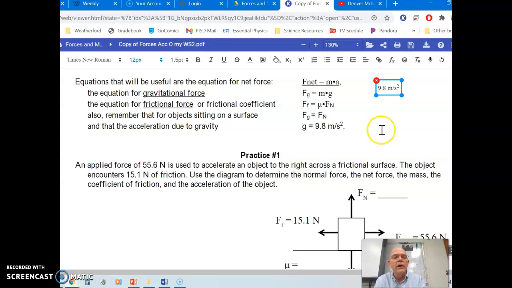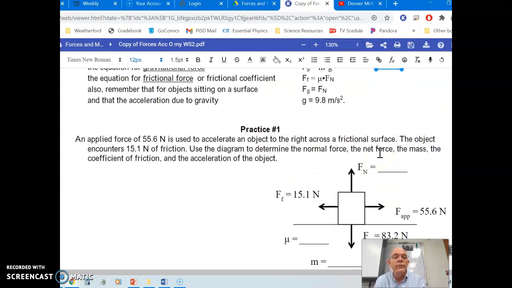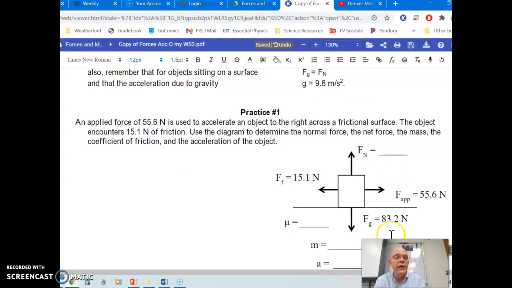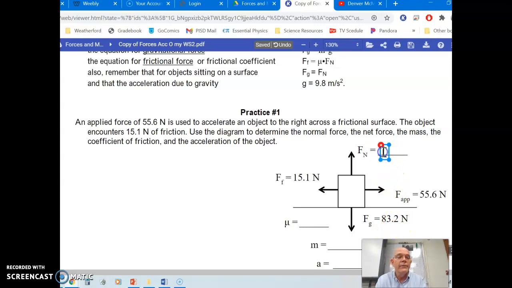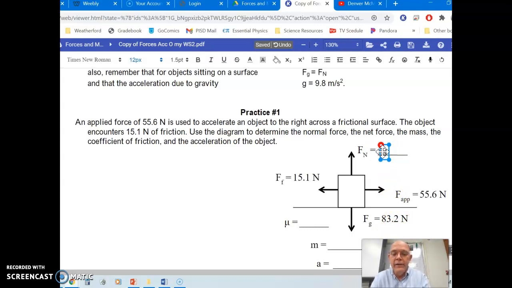All right. So let's see what we can solve. Well, first of all, we know that if this is 83.2, then we know this up here must be 83.2 newtons. Don't forget to put your newtons on it. So we know those two are the same.